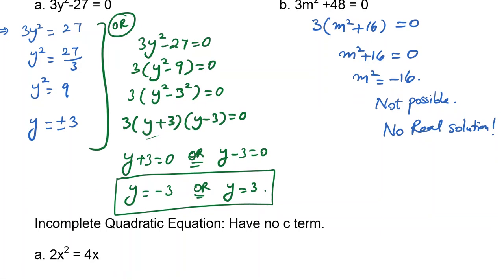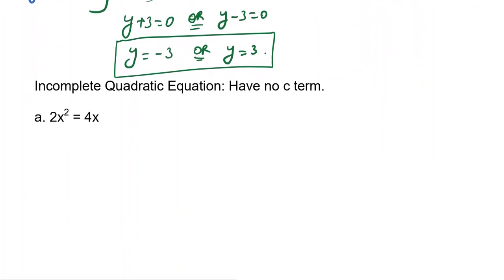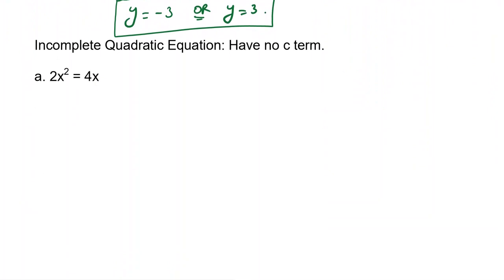Okay. Next, we discuss the case when we have an incomplete quadratic. We do not have a c term. So we only have something of the form ax squared plus bx equals 0. So no c term. You might say, hey, let's divide by 2x on both sides.